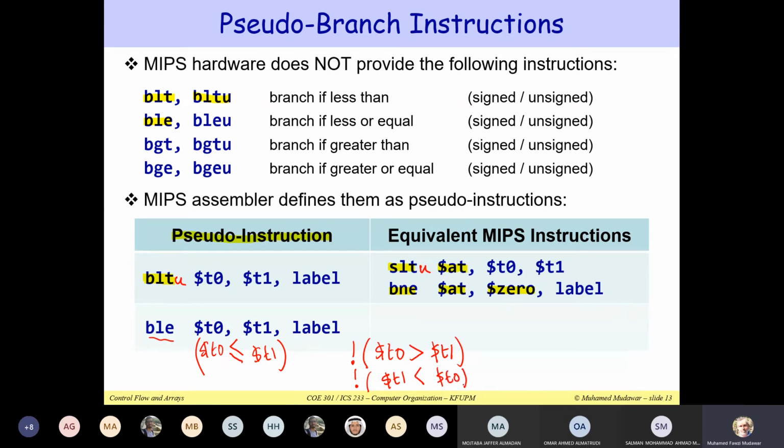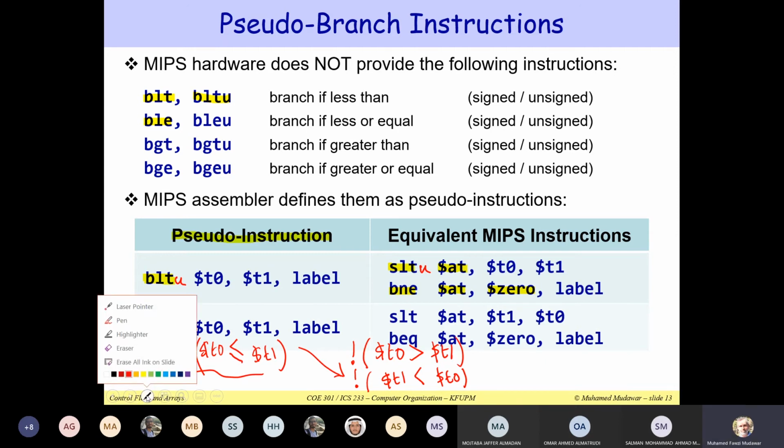So switch the order of T0 and T1. Now I have to compare T1 with T0 using set less than. I would like to branch if not T1 is less than T0. So this is equivalent to this. I'm going to use set less than to compare T1 with T0. Notice the order here: T1 appears before T0.